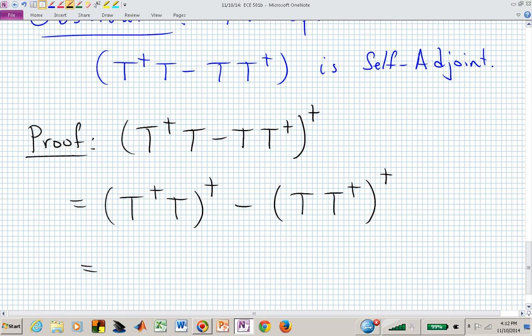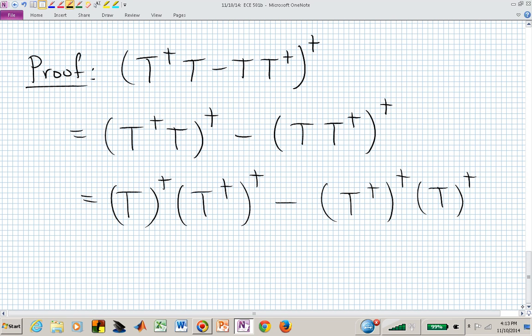We reorder the product so that now we have the dagger of T first, and then we have T dagger daggered. So that now we have T daggered and we have T dagger dagger. If we do the same thing on the second term, we have the adjoint of T with its adjoint, and then we have T with its adjoint.